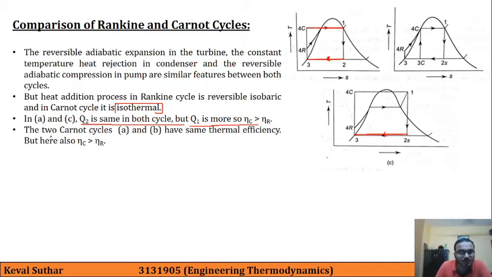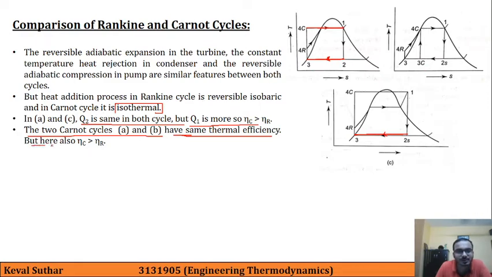Now if we see the two cycles, that is A and B, in this case both A and B have the same thermal efficiency.